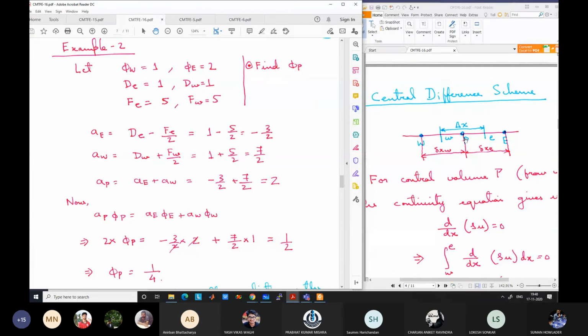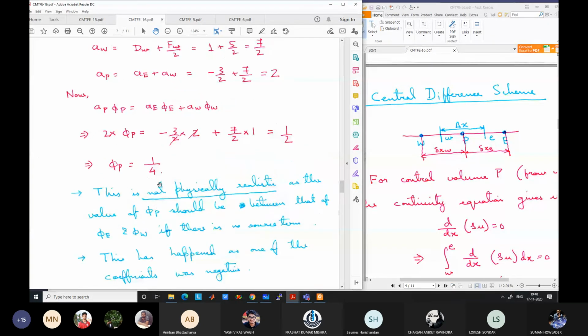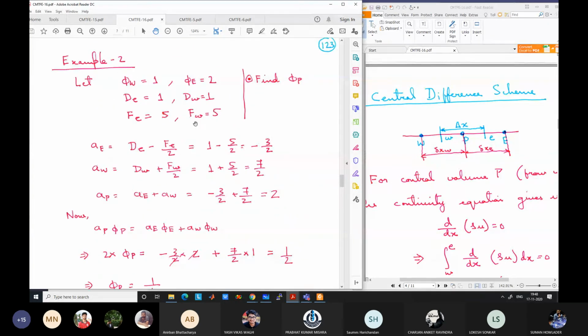If there is a source term, phi can be higher or lower than the neighboring grid point values. In the absence of any source term, this cannot happen. So this is not physically realistic, as the value of phi p should be between that of phi E and phi W if there is no source term. And this has happened, as rightly pointed out by one of you, because one of the coefficients has become negative.